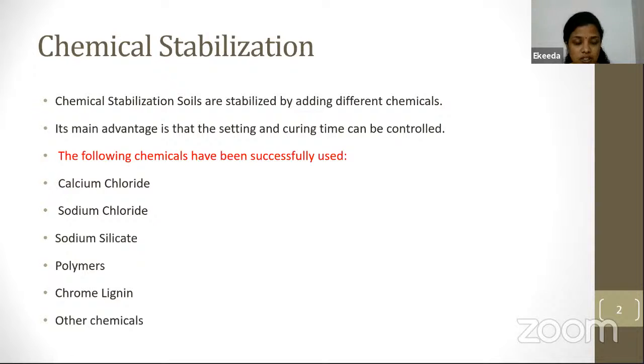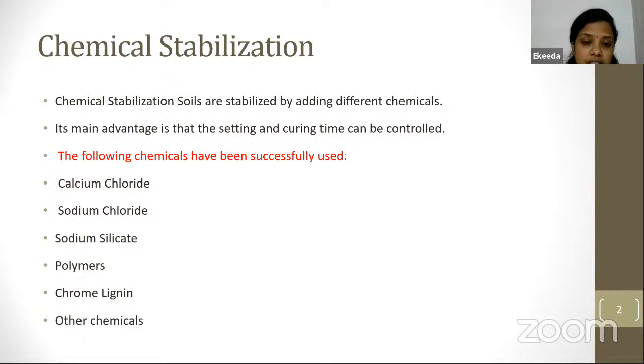Chemical stabilization. First we'll see what chemicals are used for stabilizing the soil. The soils are stabilized by adding different chemicals, so the soils have been treated by different chemicals. Thus, its main advantage is that the setting and the curing time can be controlled.